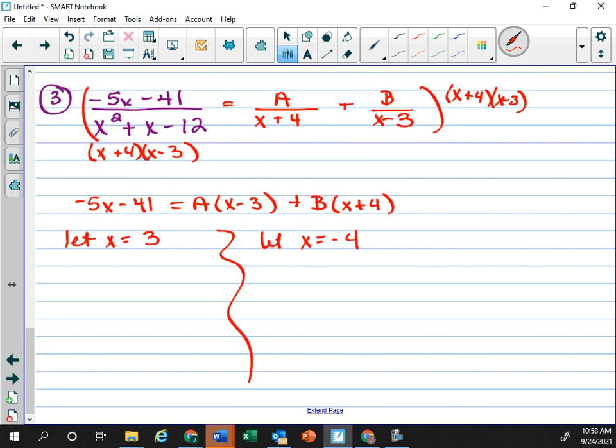So when x is 3, I would have negative 15 minus 41. B would be left. So let's see if I can add right. 51, 56, right?